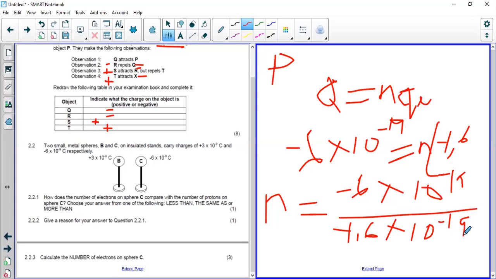After you've done that, you put it on your calculator, then you write your final answer there. That's how you do this question.